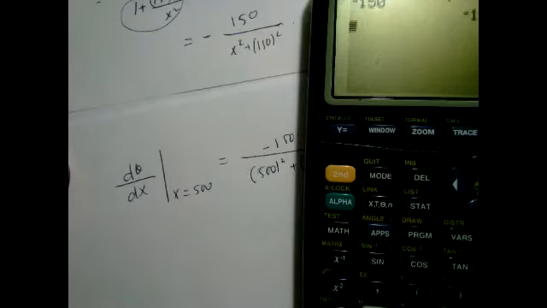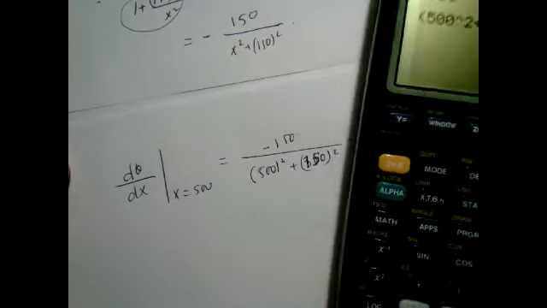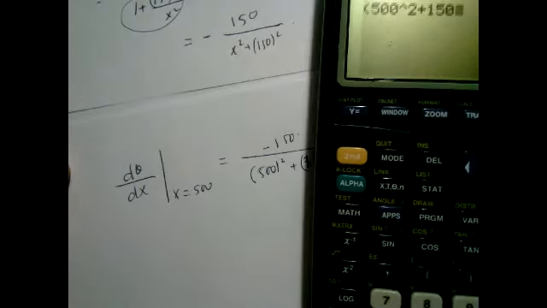And it's divided by, because we want to have a feeling of what this number is, 500 squared plus 150 squared. So I'm getting divided by 272500.